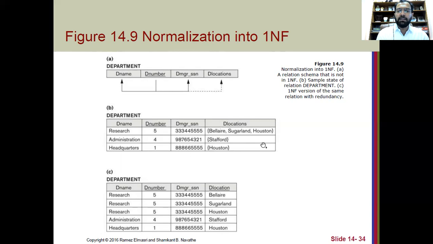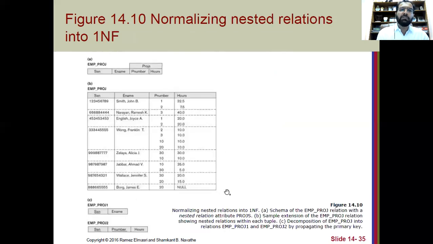So this B relation is disallowed; it does not fulfill the definition of the first normal form. That violation is corrected in C, and now this relation is in the first normal form.